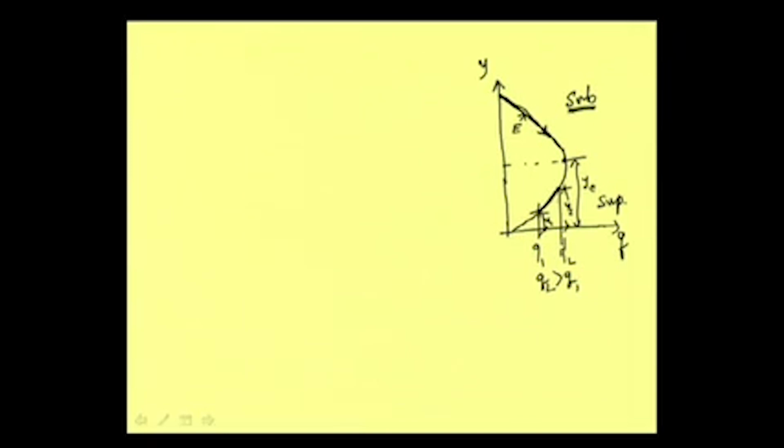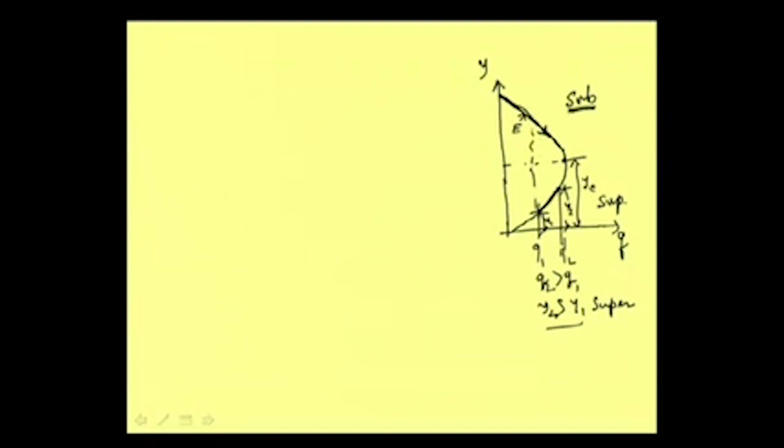So, Q2 greater than Q1 means Y2 greater than Y1 in case of supercritical flow. Here Q2 is increasing, Y2 is also increasing.